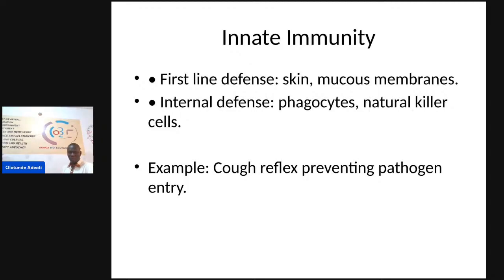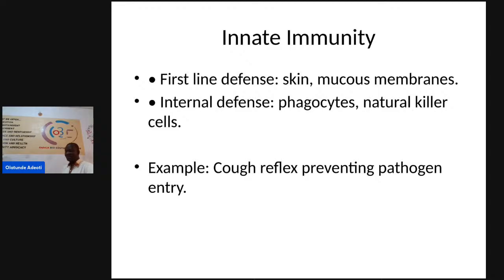I'm going to teach you more details about all this, but this is just to mention them in passing. So the first line of defense that we have is the skin, then the mucous membrane, then the internal defense mechanism, which includes phagocytes and natural killer cells.